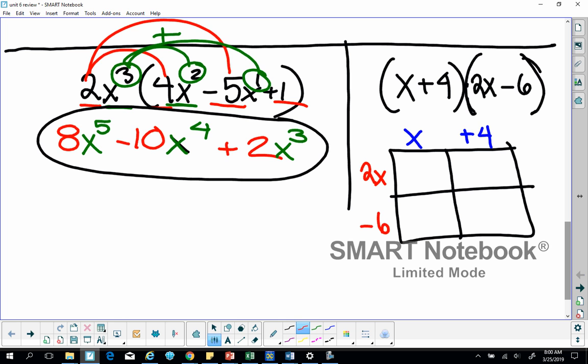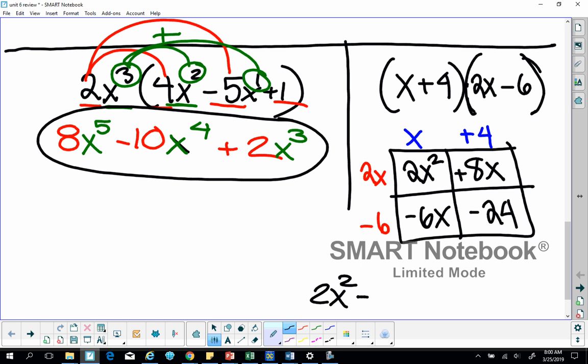What's 2x times x? 2x squared. Good. 4 times 2x, 8x, so positive 8x. Negative 6 times x. And then negative 6 times 4, negative 24. So even if you did it the other way, you'd still be getting the same answer. Then I write down all my terms that are in the box. 2x squared plus 8x minus 6x minus 24.